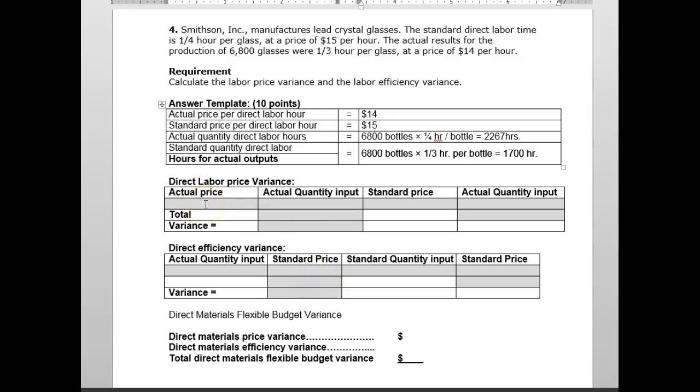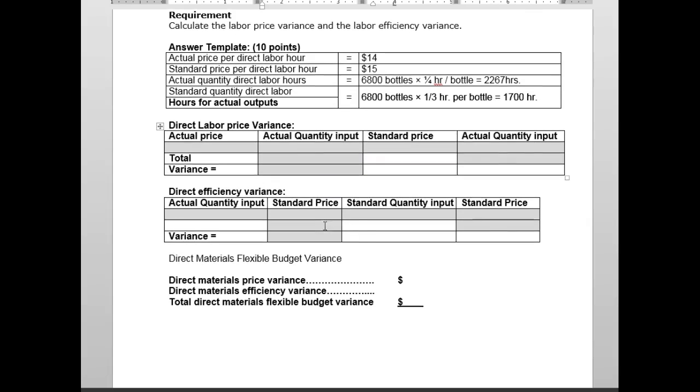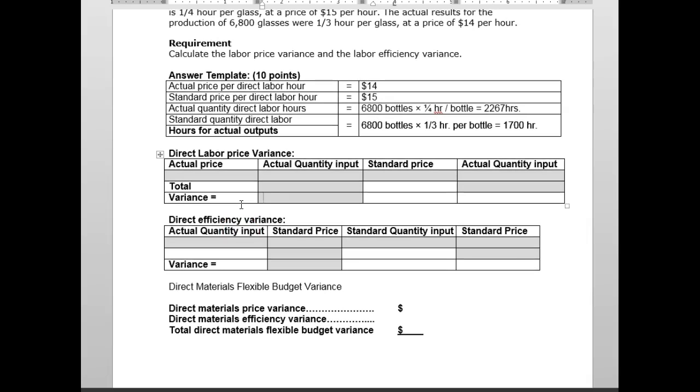So you're going to use the actual price times the actual quantity. You're going to use the standard price times the actual quantity and get totals here to get a variance. That should be a favorable variance, I believe. Then you're going to take the actual quantity input, which is going to be this 2,667 times the standard price, and you're going to take the standard quantity, which is 1,700 times the standard price.